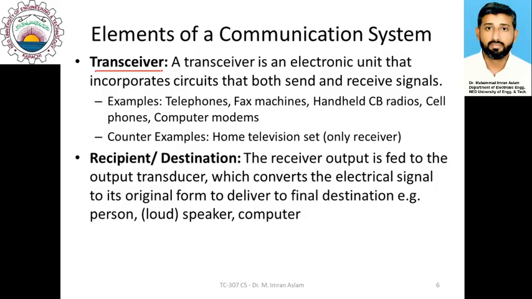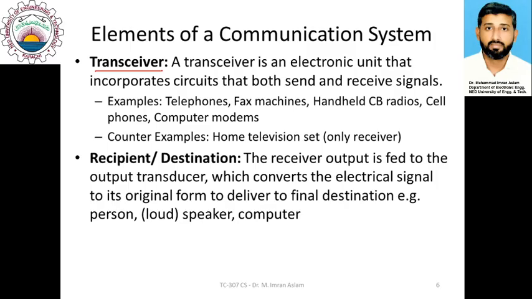So a transceiver is an electrical unit that incorporates circuits that both send and receive the signal. Common examples can be a telephone, computer modem or fax machine. We can use a telephone to send the information or receive the information, both ways. So it's actually not the transmitter, not the receiver, it is a transceiver, because it incorporates both aspects.